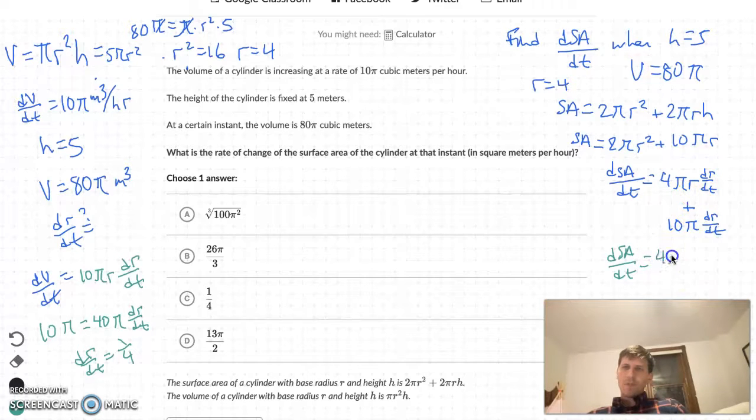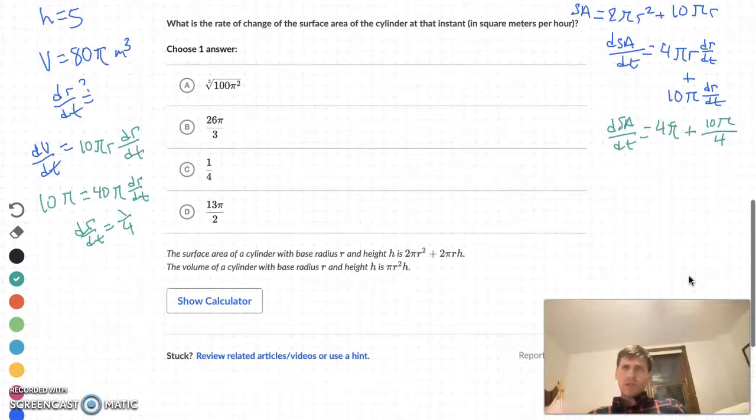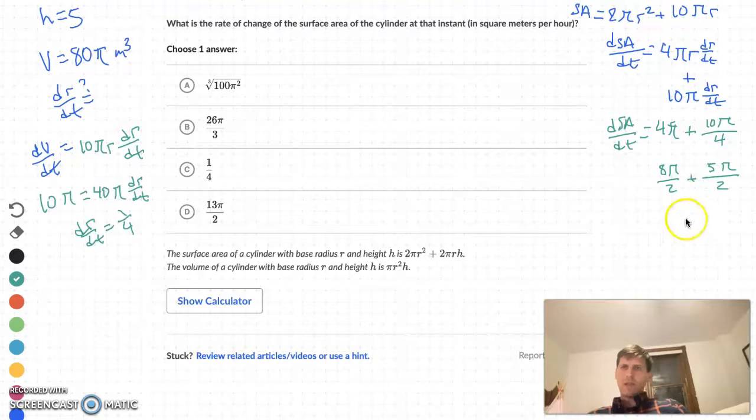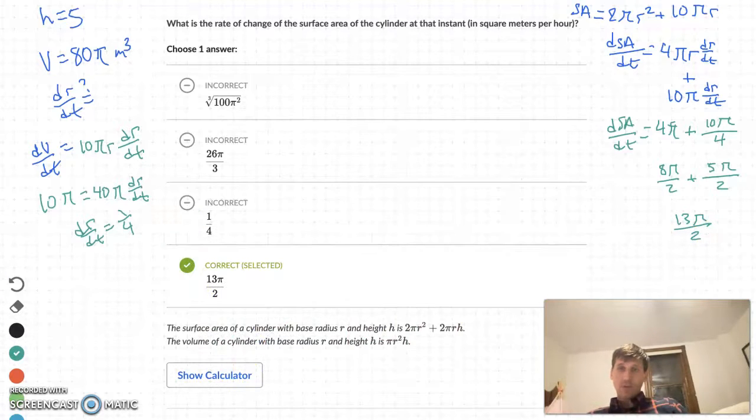So it's just going to be 4 pi, because 4 times a quarter is 1, plus 10 pi over 4, which looks like it simplifies to 5 pi over 2. This is 8 pi over 2. If I convert to a like denominator, that'll be 13 pi over 2. Hopefully I didn't make any mistakes in all that time. Let's see if the answer is correct.